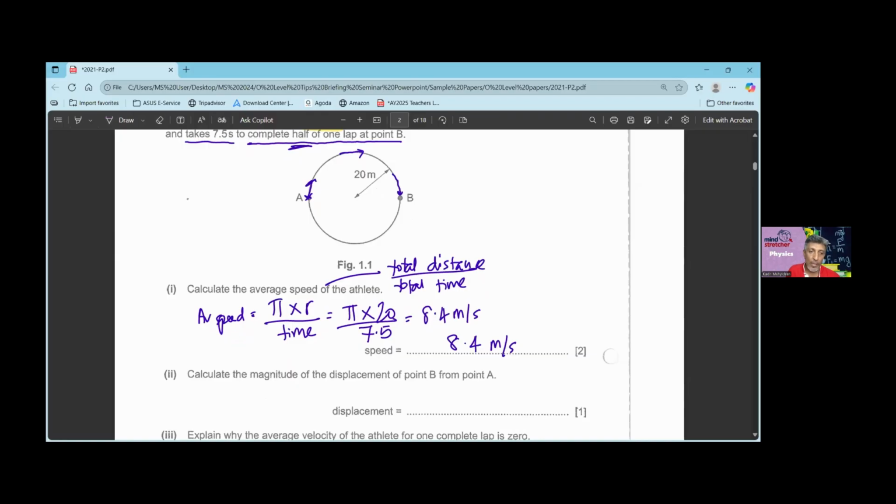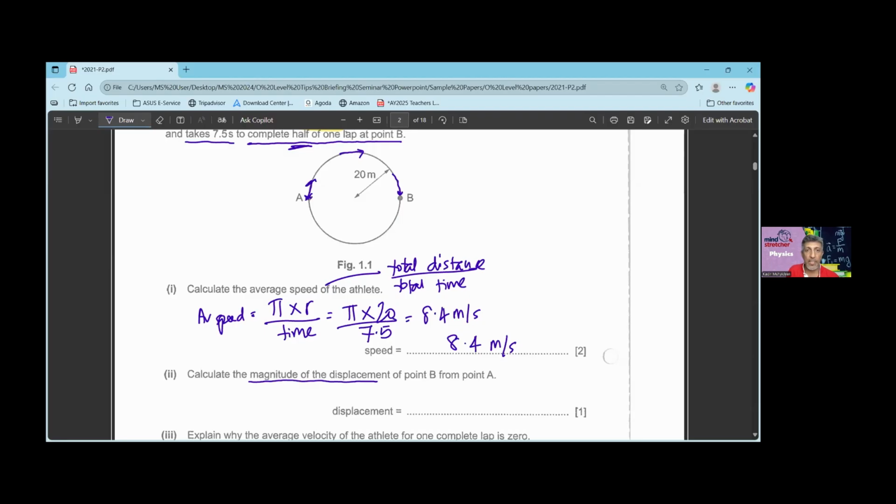Now, what is the magnitude of displacement of point B from point A? Can you tell me in the chat what is the displacement from A to B? Share your answers, please.